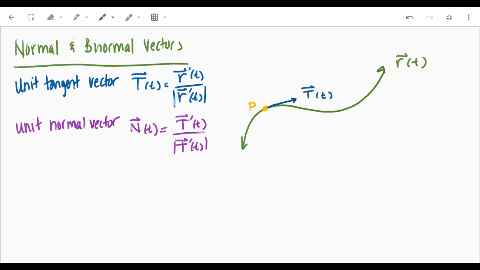And that normal vector is going to point towards the concave side of this curve, and it's going to be normal to tangent. And sometimes this is called a principal unit normal vector.